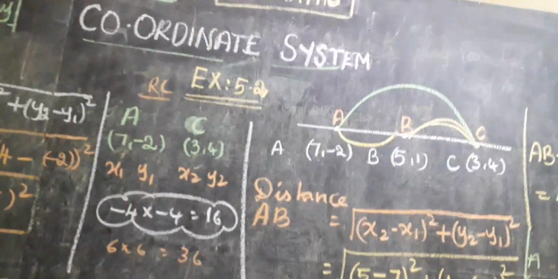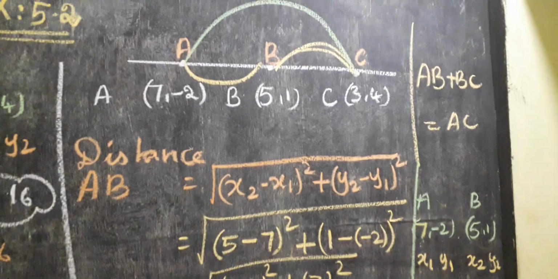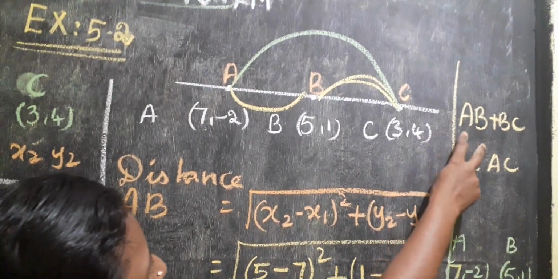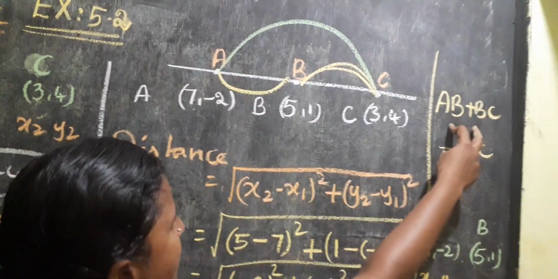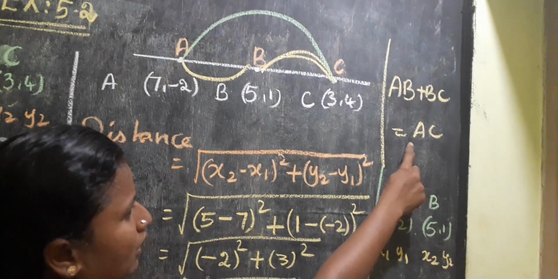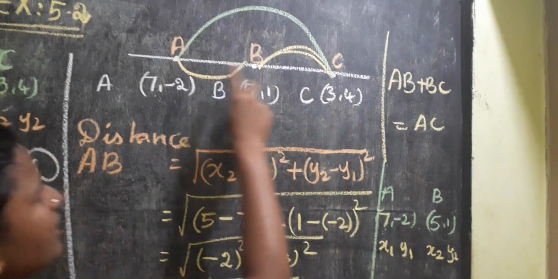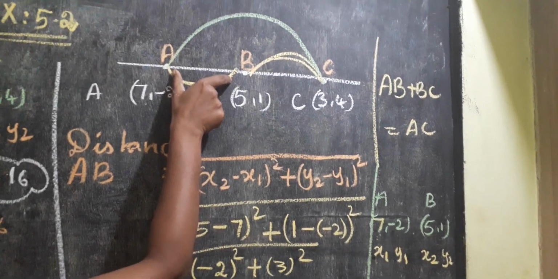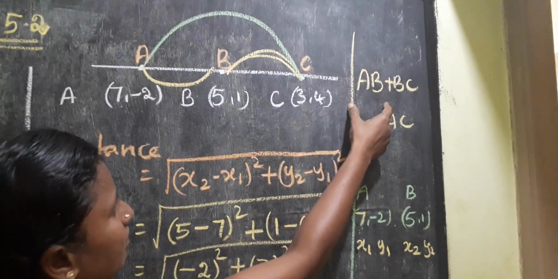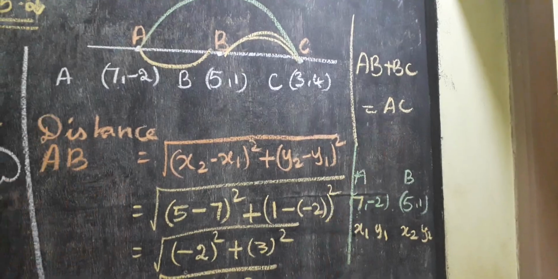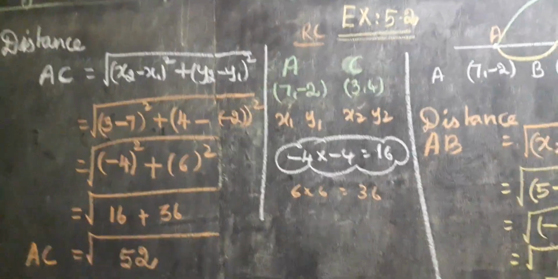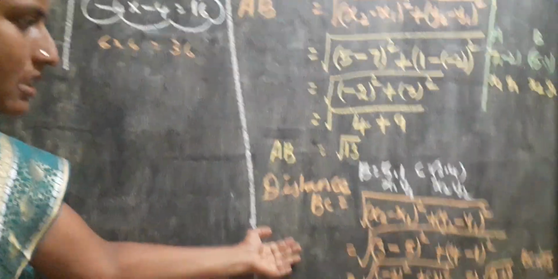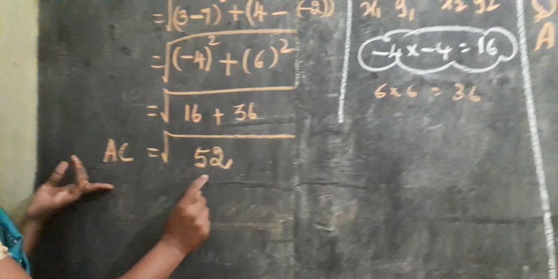We have to prove that the sum of two pairs of points, AB plus BC, is equal to the third pair, AC. Now see that AB is root 13 and BC is root 13. AC is root 52.